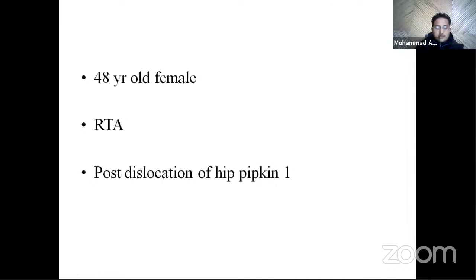Now, this was a case that I happened to assist at a medical college, Jammu, before coming to Leh, and I was lucky enough to be a part of the team headed by Dr. Ghani. Then, as soon as I reached Leh, we had a similar case, wherein a 48-year-old female had a high-velocity road traffic accident and a posterior dislocation of the hip with a Pipkin 1.